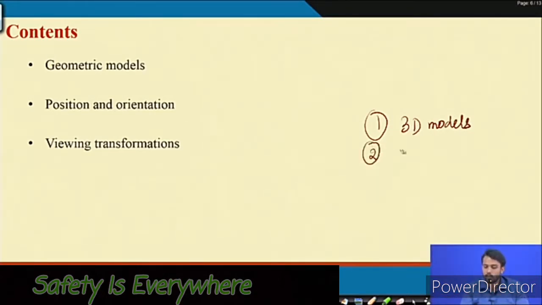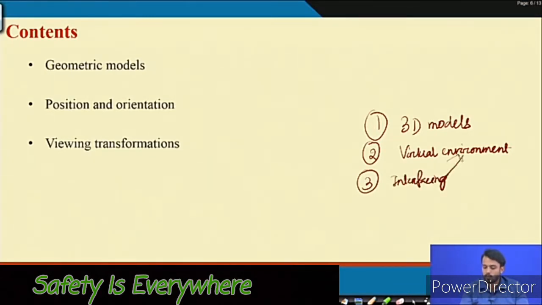Second is incorporating these 3D models into a virtual environment, means development of a virtual environment. And the final one is the interfacing between the user and the developed virtual environment.